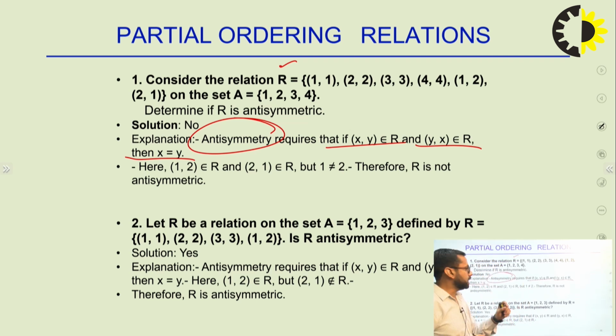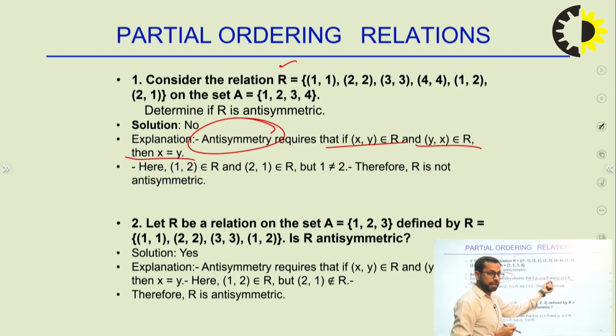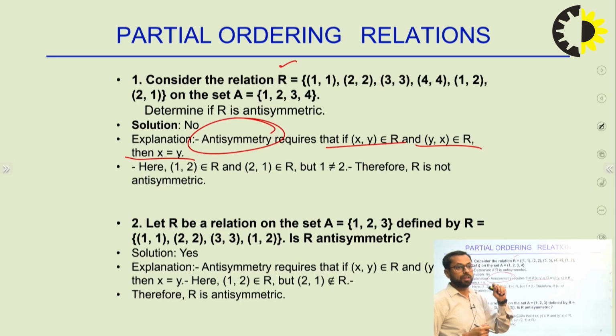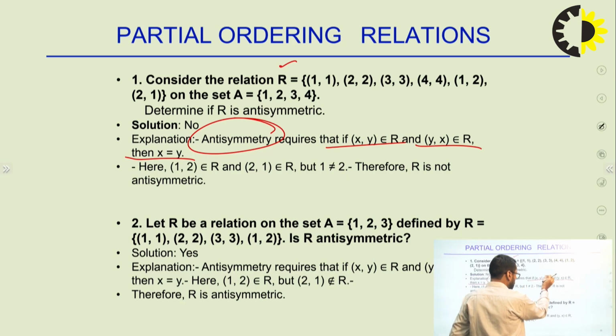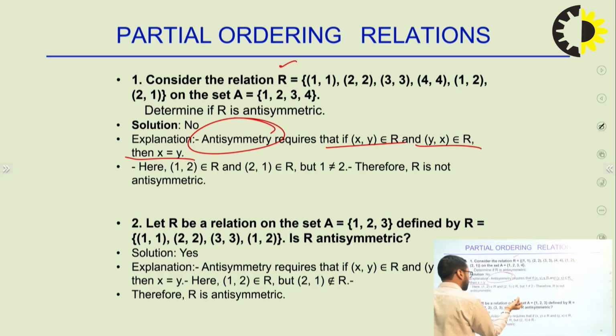But in the one case that (y, x) is present, then in that particular case x should be equal to y, that means both elements should be equal, otherwise it will not be the antisymmetric property. So at the point of the antisymmetric proof, we only check that if (x, y) and (y, x) belong to R, then both should be the equal element.